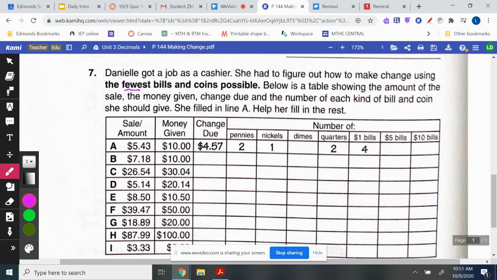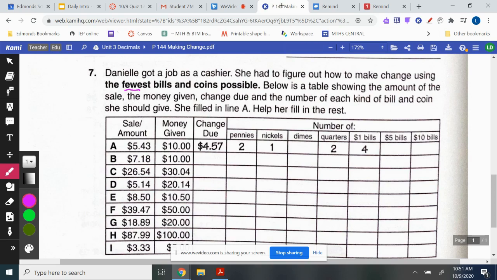So Daniel got a new job as a cashier. She had to figure out how to make change using the fewest bills and coins possible. Below is a table showing the amount of the sale, the money given, and the change due, and the number of each kind of bill and coin she should give. She filled in line A to help her fill in the rest.